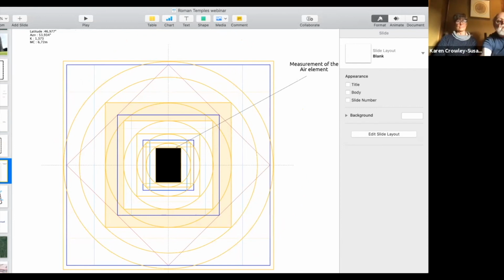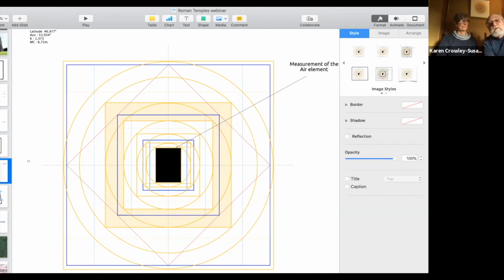And what you can see here is that the place where the god was is also a solstitial quadrilateral. But it's a special solstitial quadrilateral because the length of this side of the solstitial quadrilateral is the length of the air element of the place.